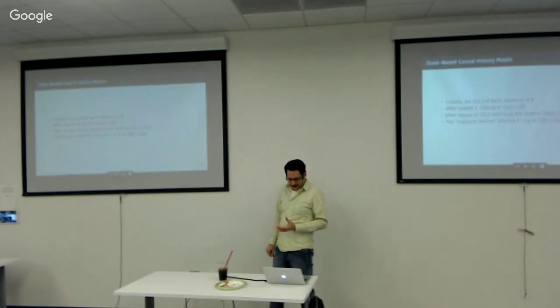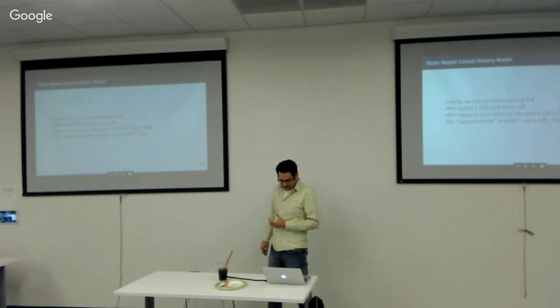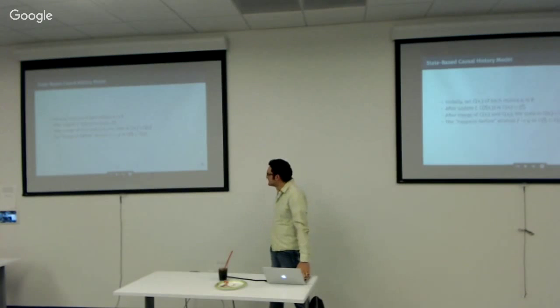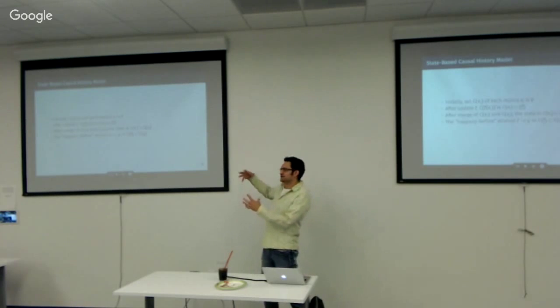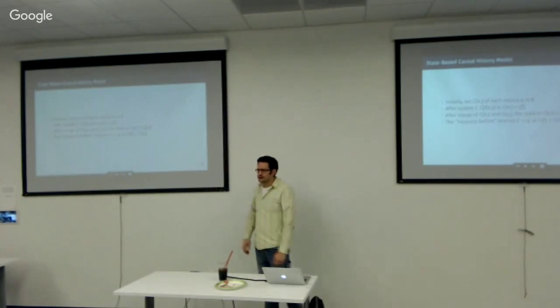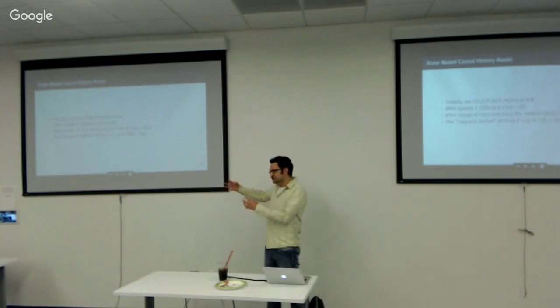And so we get a happens-before relation where f happens before g, such that f happens before g means that the causal history of f is a subset of the causal history of g. So that more stuff happened after f in g.